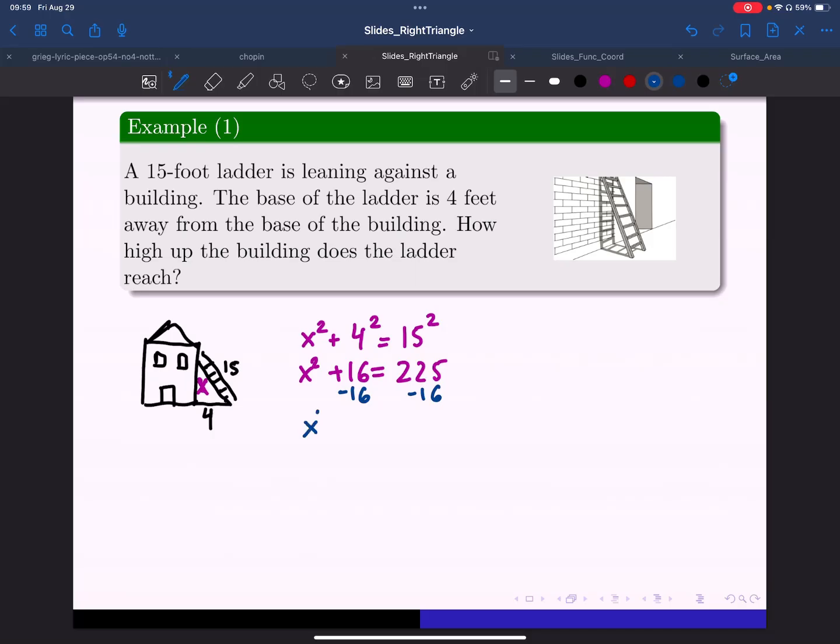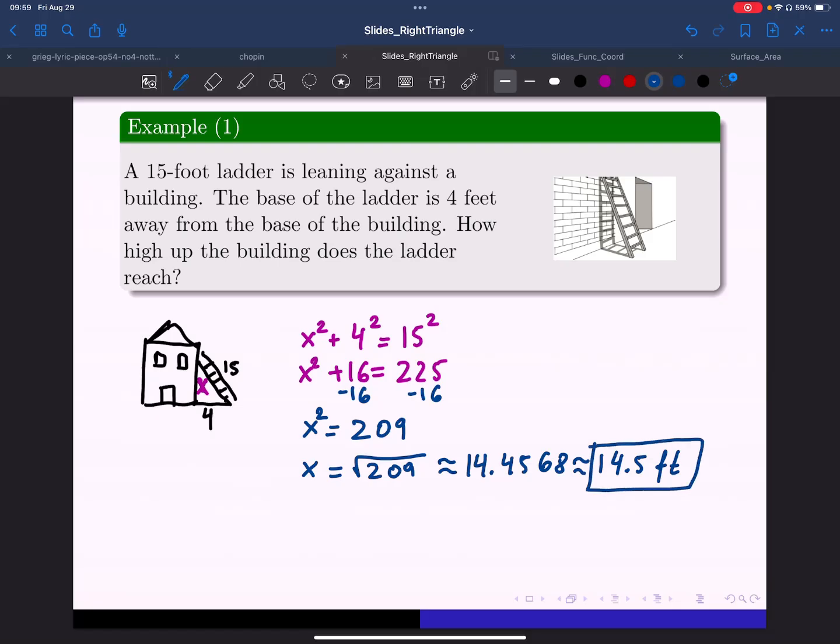So x squared is equal to 209. Then we take the square root, so x is the square root of 209. If you type this on a calculator, you should get 14.4568, which is approximately 14.5 feet.